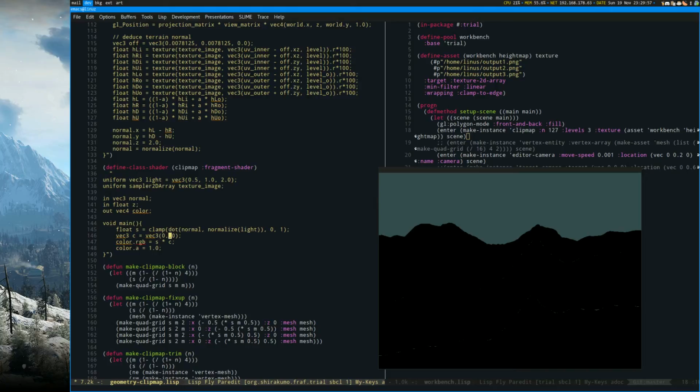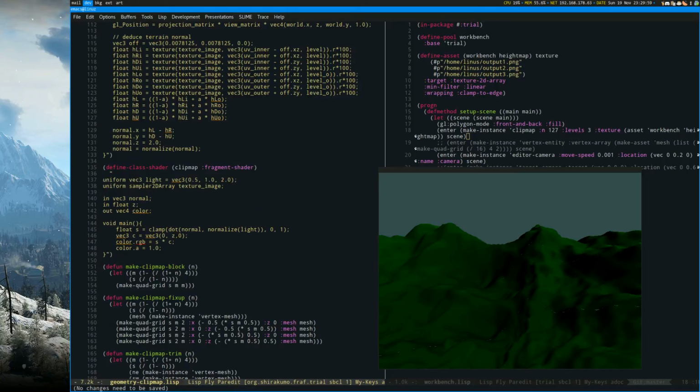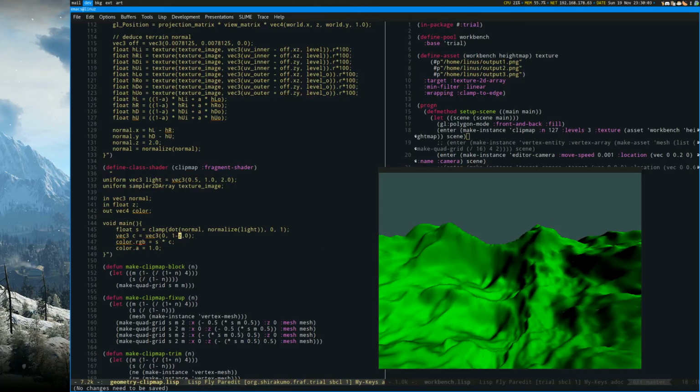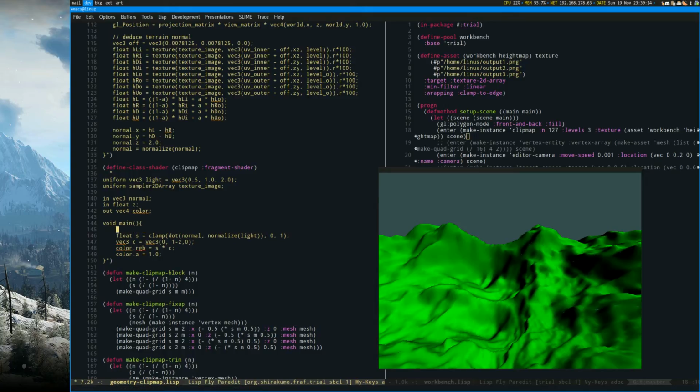Let's just do Z here. 1 minus Z. I'm terrible at naming things today, so just need to get this into a useful range.